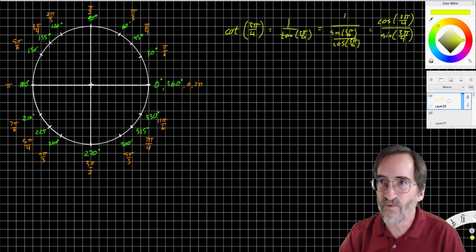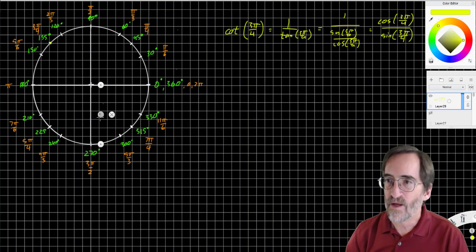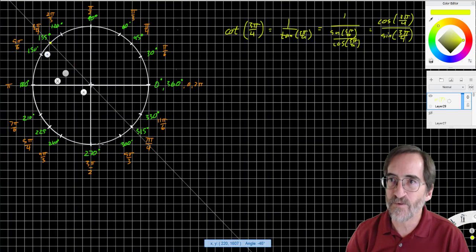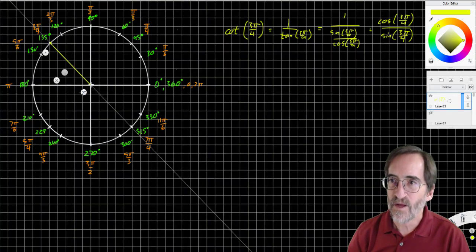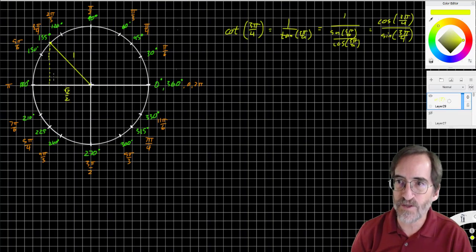3 pi over 4 is right here. Okay? And let's draw the terminal ray. This is one of our special triangles. It's a 45-45 right triangle. The sides are 1, root 2 over 2, and root 2 over 2. Left is negative, up is positive.